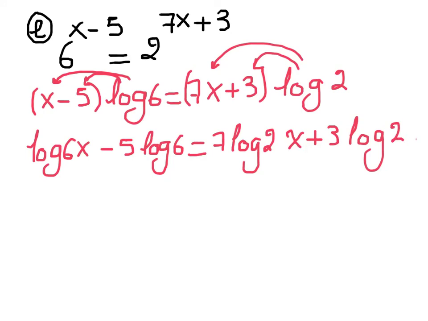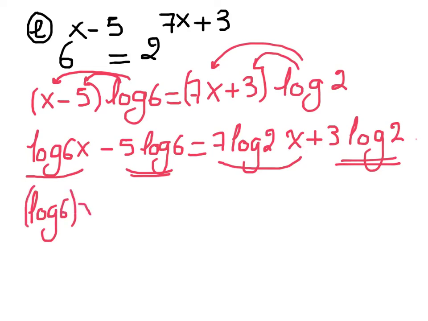Alright, now we're going to group the x's on the same side, and I'm going to group all the constant terms on the other side. So this is going to give us log of 6 times x minus 7 log of 2 times x, because I subtracted that from both sides.